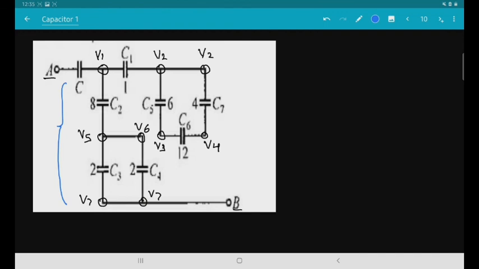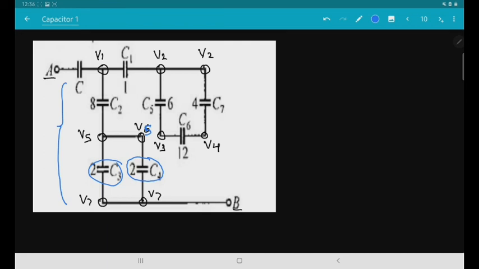Now here we can see this C3 and this C2 are between the same starting and ending points. Now this V5 and V6, because there is a wire in between, we can consider as V5 only.